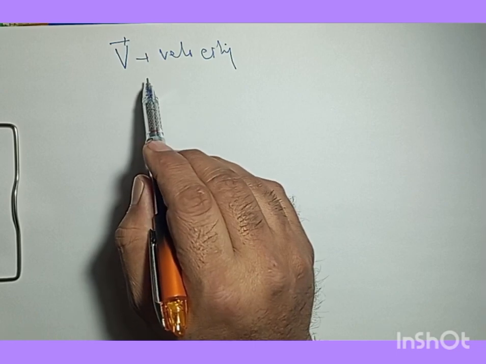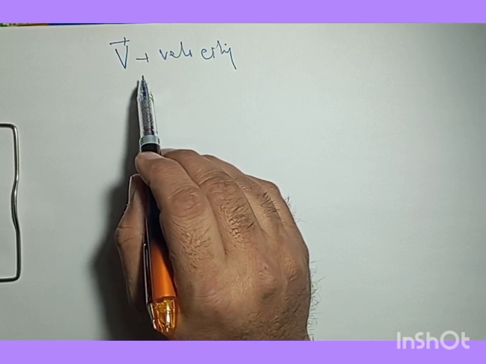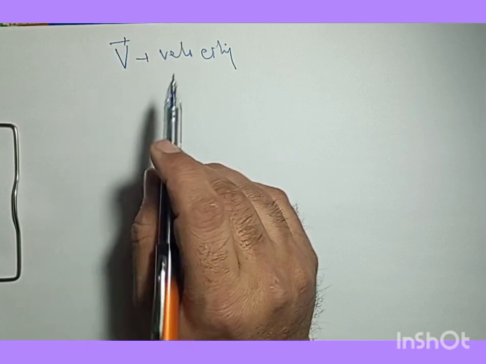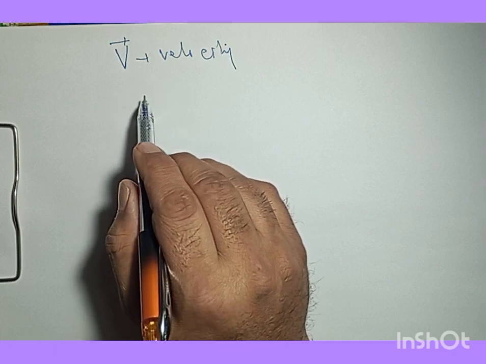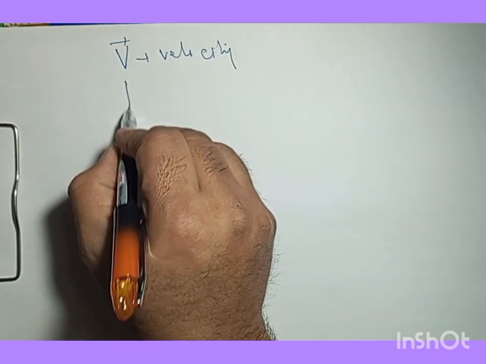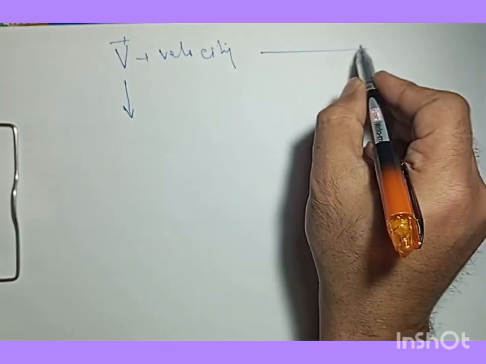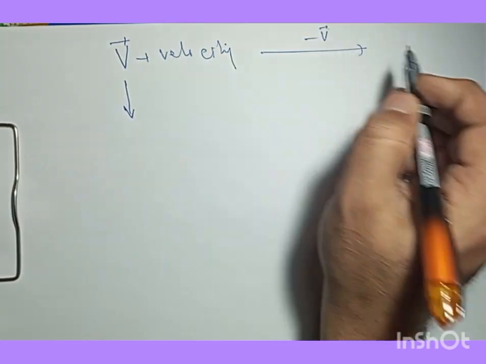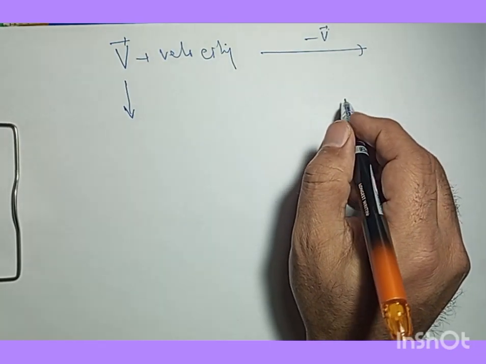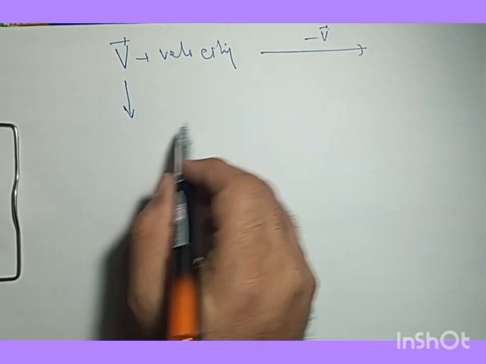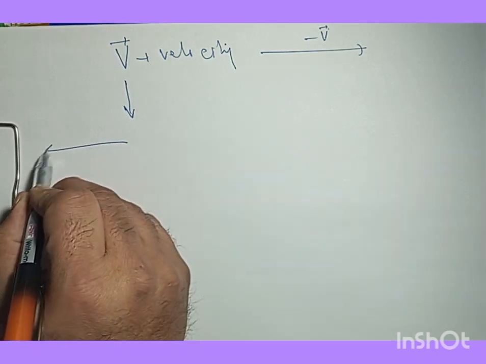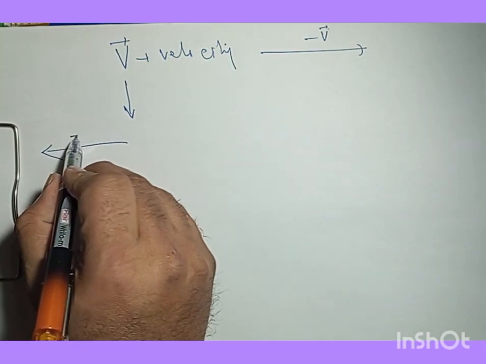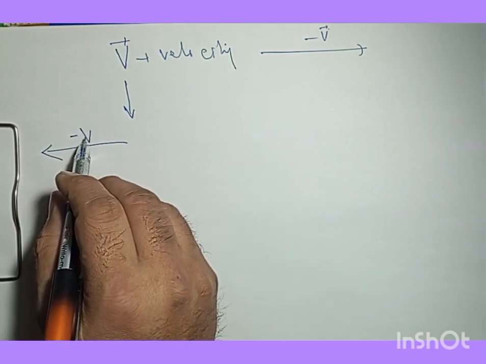What this CP transformation does is convert it into antimatter, and the particle which was moving in the positive direction of x will be moving in the negative direction of x, so we will have minus v.